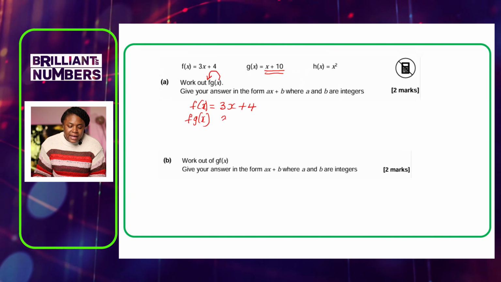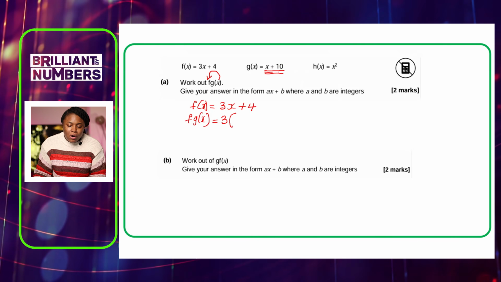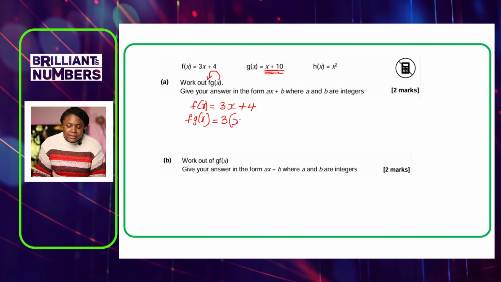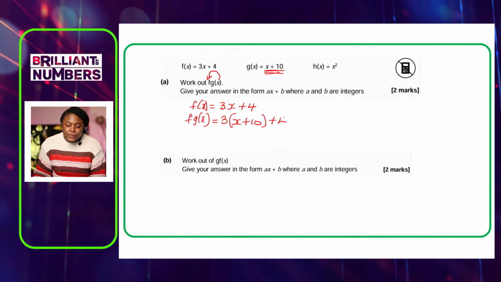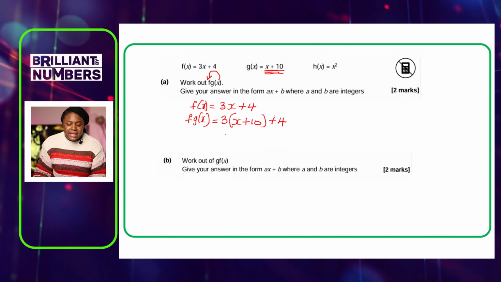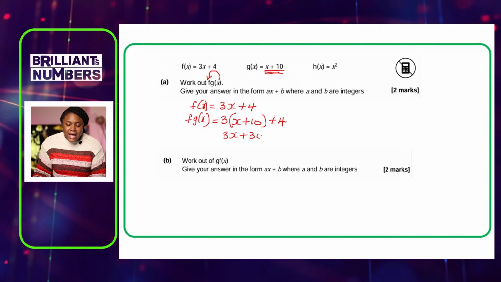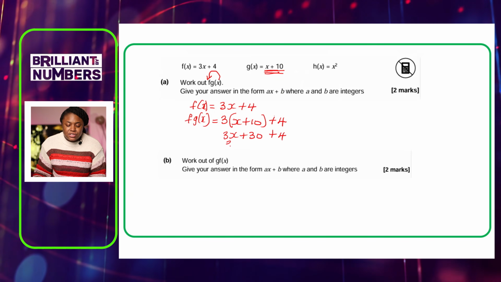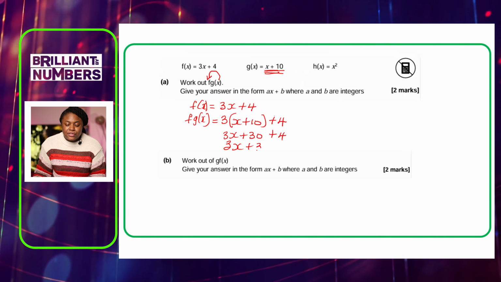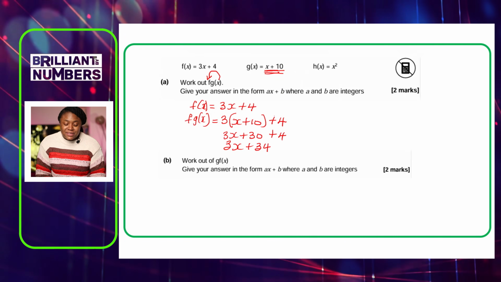So 3 then times by the value of x now will be all of g, which is x plus 10, and then we put back our plus 4. So 3 times x is 3x, 3 times 10 is 30, and we now need to add that with the 4. Simplified answer is 3x plus 34. Not as difficult as you thought.